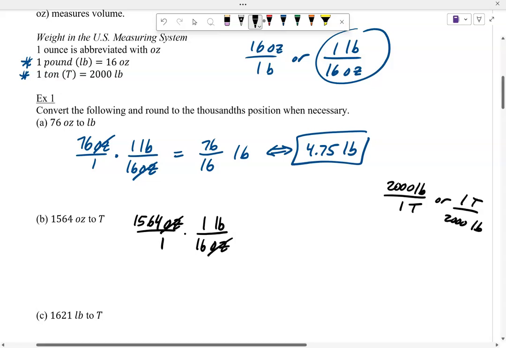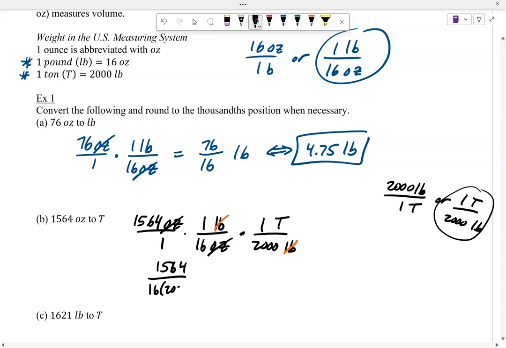We want to get rid of pounds, so we want the pounds on the bottom. So let's multiply by 1 ton for every 2,000 pounds, and notice our pounds now cancel. So we're going to multiply 1564 times 1 times 1, over 1 times 16 times 2,000.